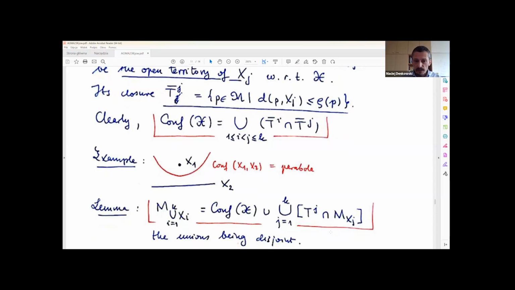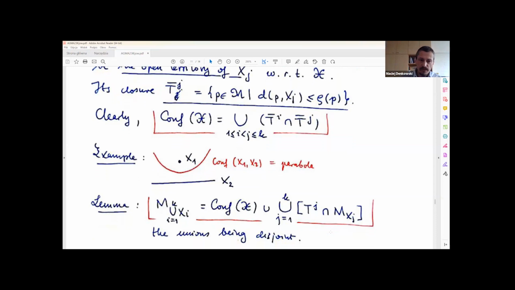What is the relation to the medial axis? It is what we have here. The medial axis of the union of the sets is the whole conflict set together, and all these unions here are disjoint, together with the medial axis of the different sets, but not the whole of them, just the parts that lie inside the corresponding territories.